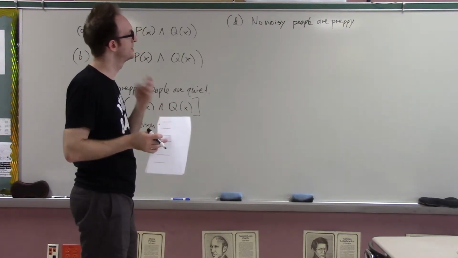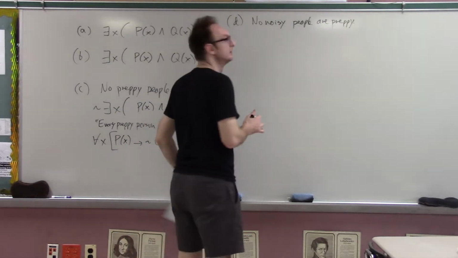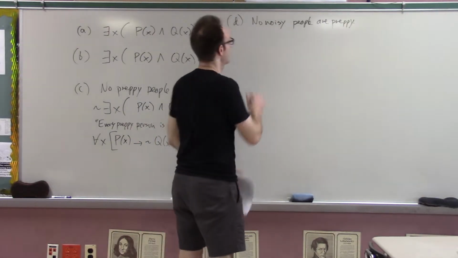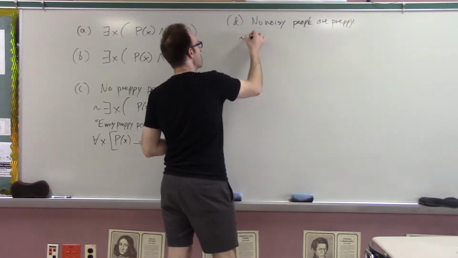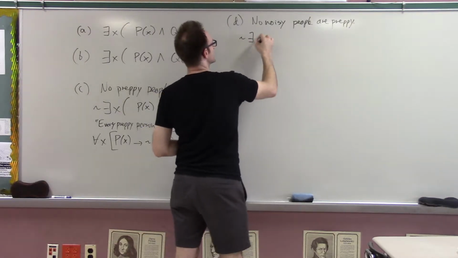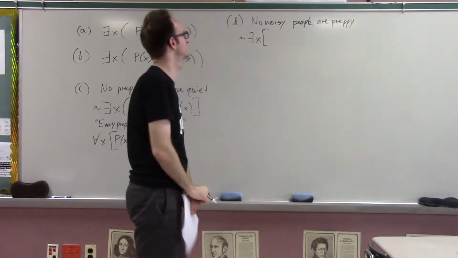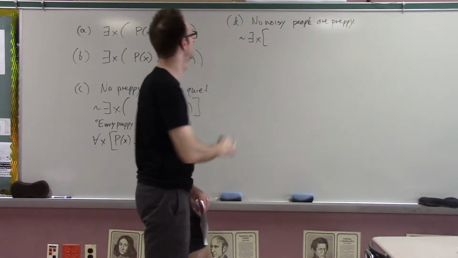So how about D? No noisy people are preppy. I can think of two ways to do that. One is, it's not the case that there exists a person who is noisy and preppy.